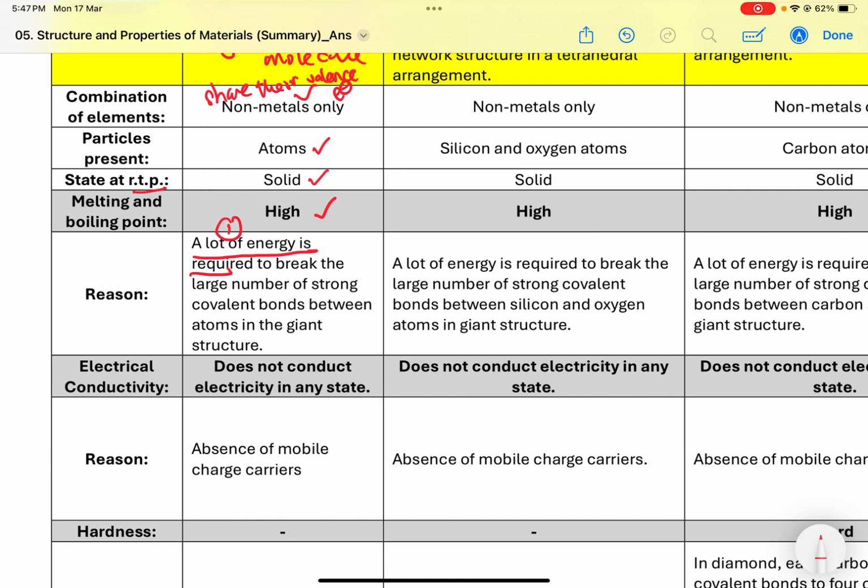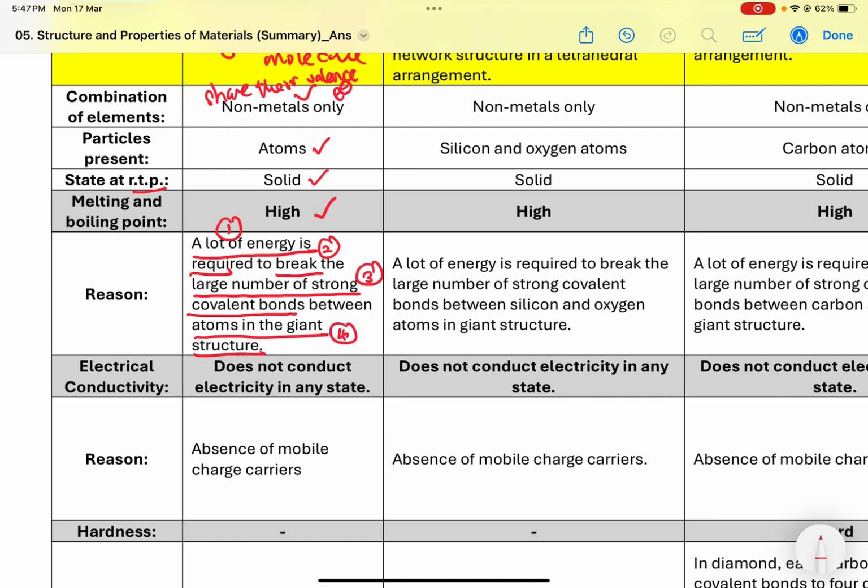But to do what? A lot of energy is required to break, not overcome forces of attraction, but break the large number of strong covalent bonds between the atoms in the giant structure.